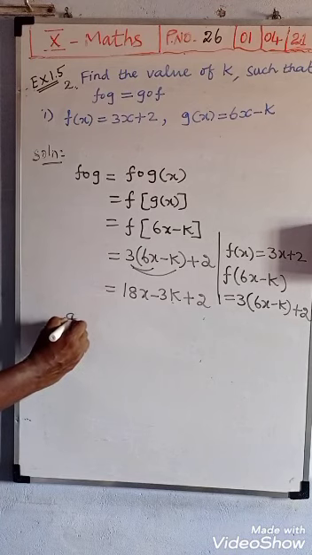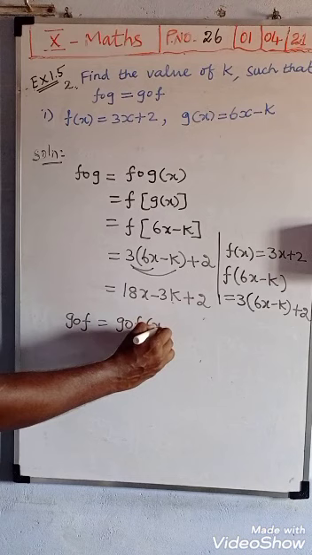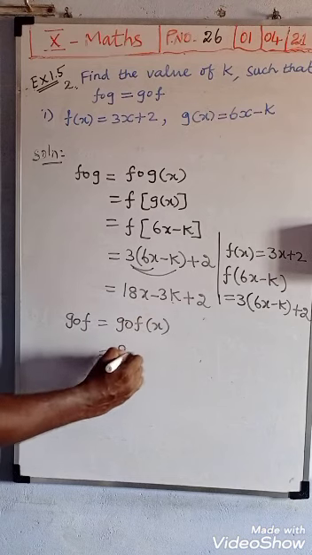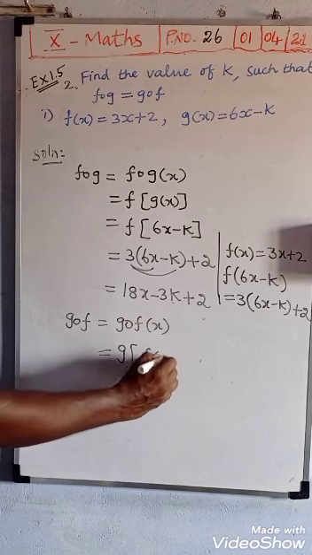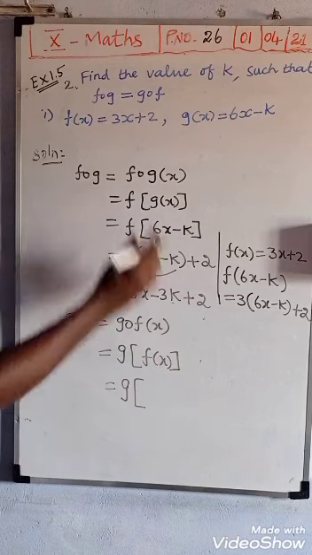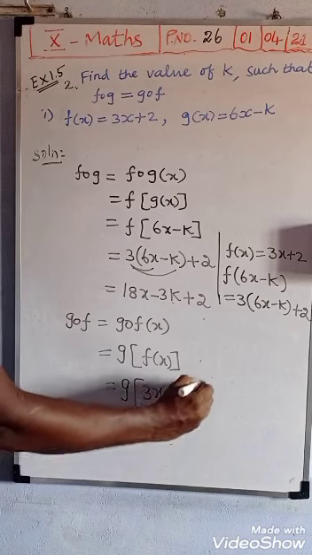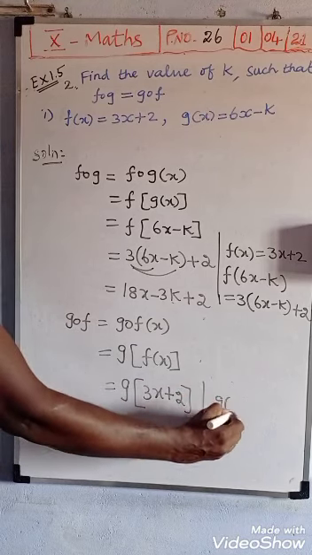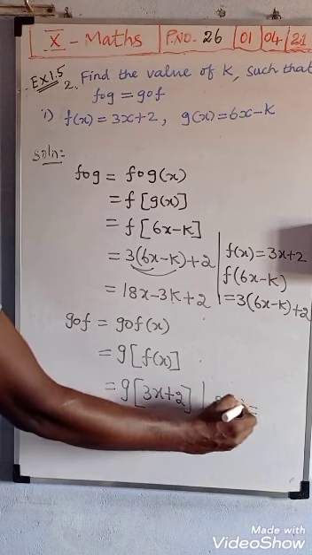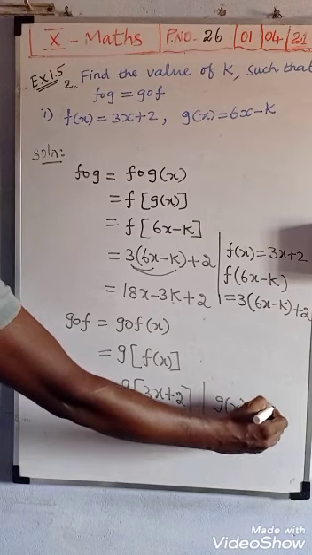Next, g composition f. The same, g composition f of x, we can write as g of f of x. Now what is f of x? f of x is given as 3x plus 2. Already we know g of x. The function g of x is 6x minus k.